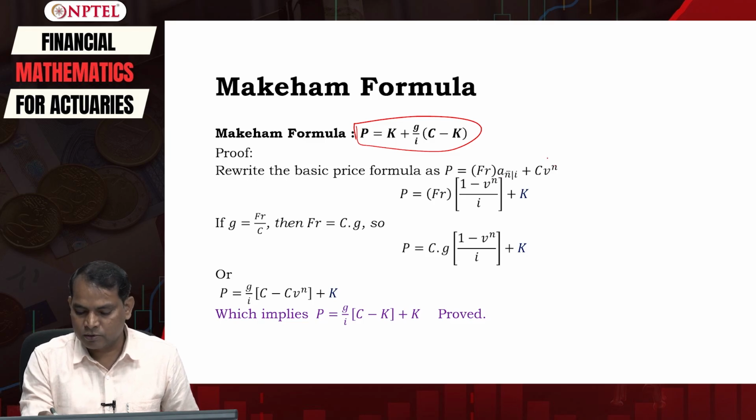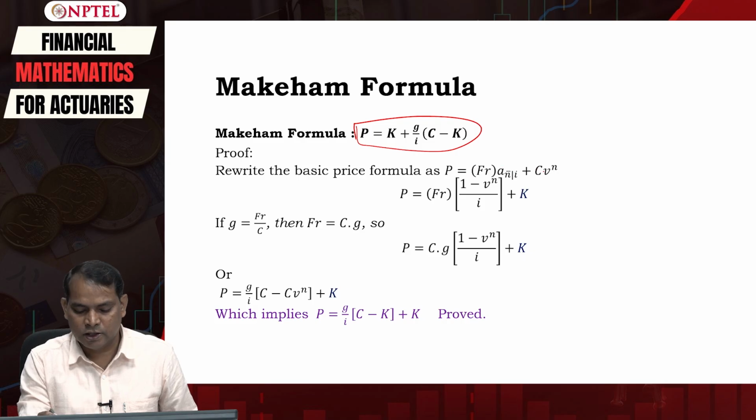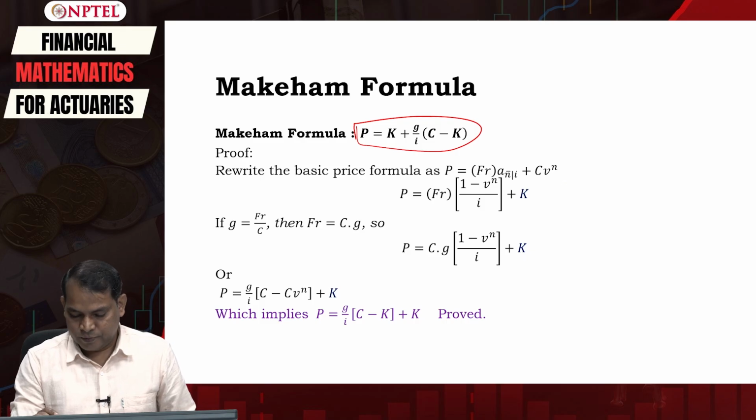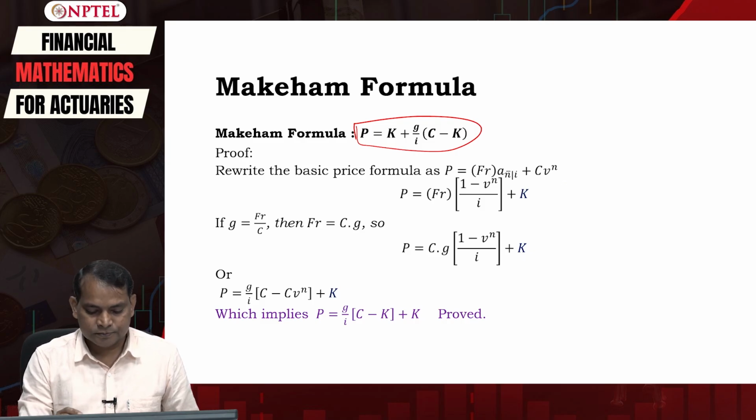This is the way we have already understood. So no need to be confused about C and M. We will continue now using C, to be consistent with our book. Remember, we are following the book Financial Mathematics for Actuaries by Chan and Se.